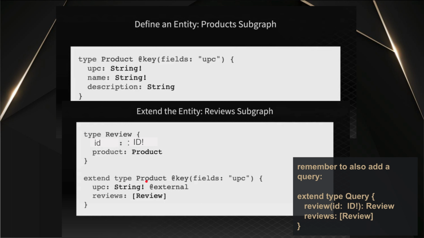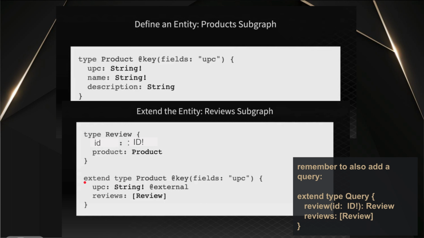So the product type is defined over here, but we can extend the type. And the reason we're extending it is because we want to reference it in our subgraph. And so because of that, we extend it. But note that you can also extend things that are in the same subgraph.